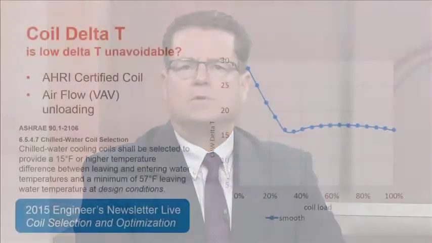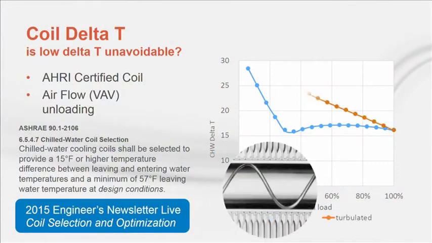As an aside, what would be the variable flow coil delta T performance if the coil had internal heat transfer enhancements, or what is sometimes called turbulation? The delta T actually rises dramatically and the flow drops proportionally throughout the load range.